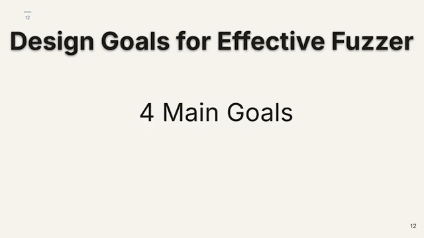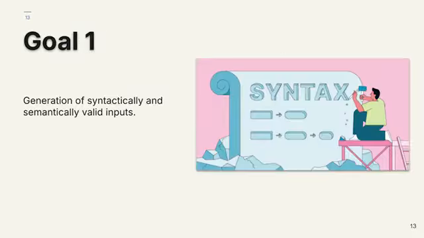There are 4 main goals and challenges that Nautilus had to overcome for it to be an effective fuzzer. The first goal is generating syntactically and semantically valid inputs. The problem is that the amount of possible inputs is a lot larger than the number of valid inputs that the program will accept.